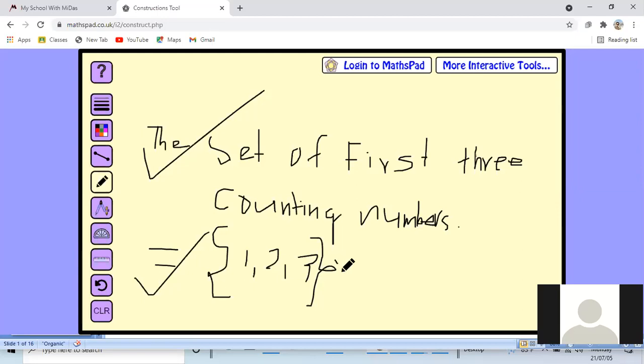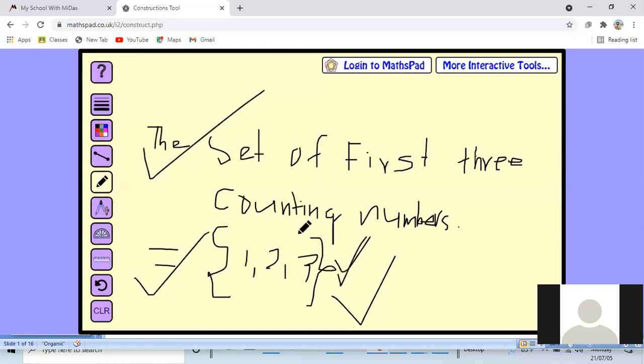This is the listing method, tabulation method, and roster method. We can write the set in the listing method also, and in the description method also.